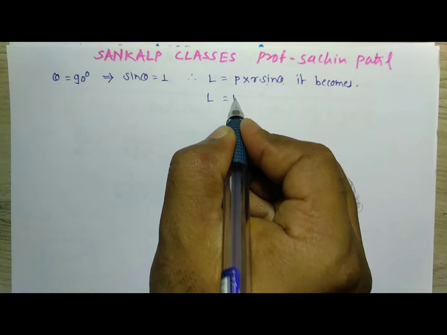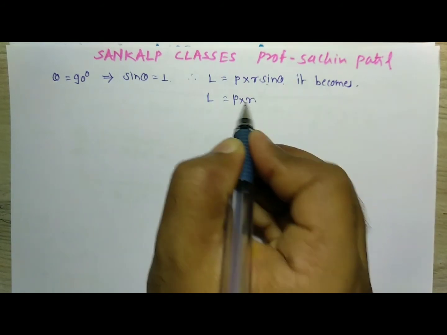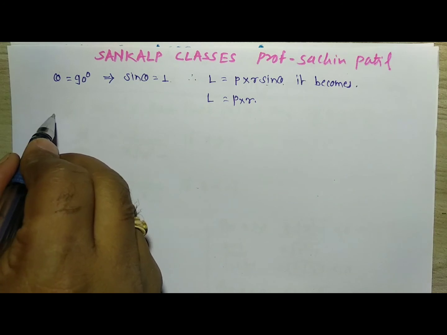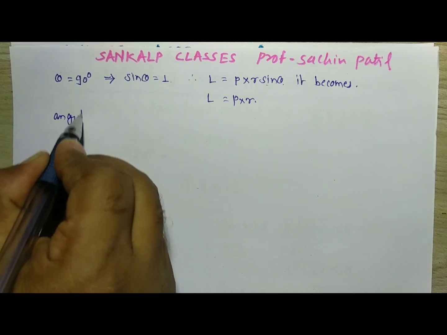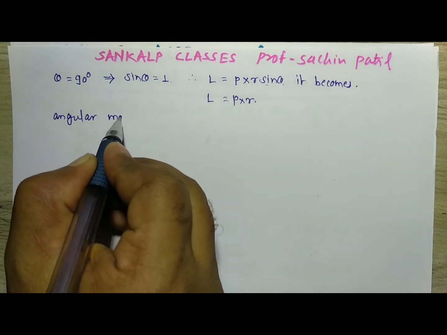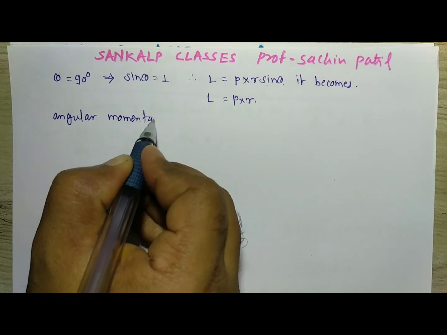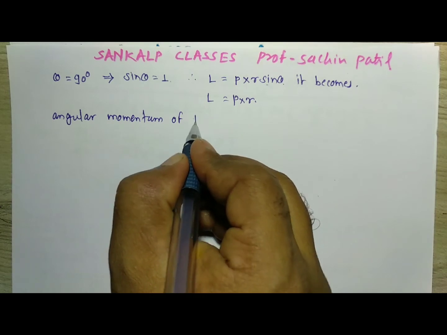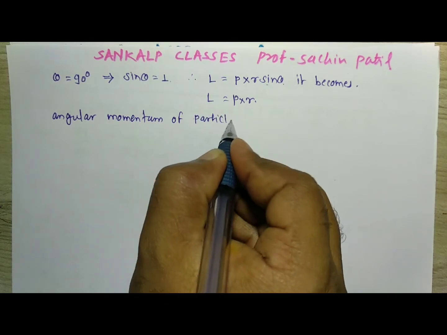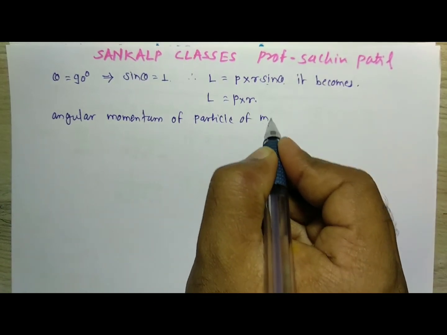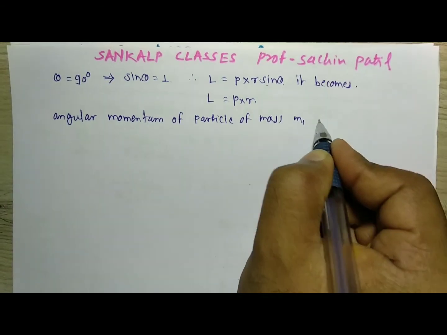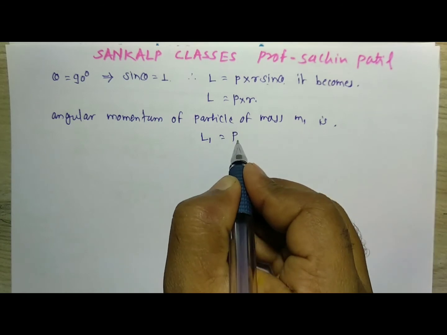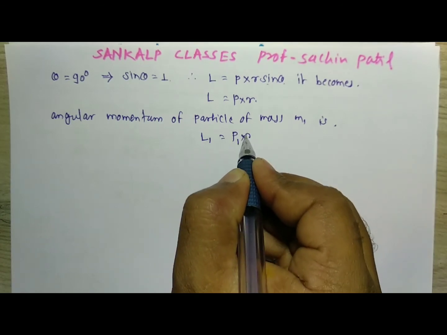L is equal to P into R, and therefore by using this consideration, the angular momentum of a particle of mass m1 is L1 is equal to P1 into R1.